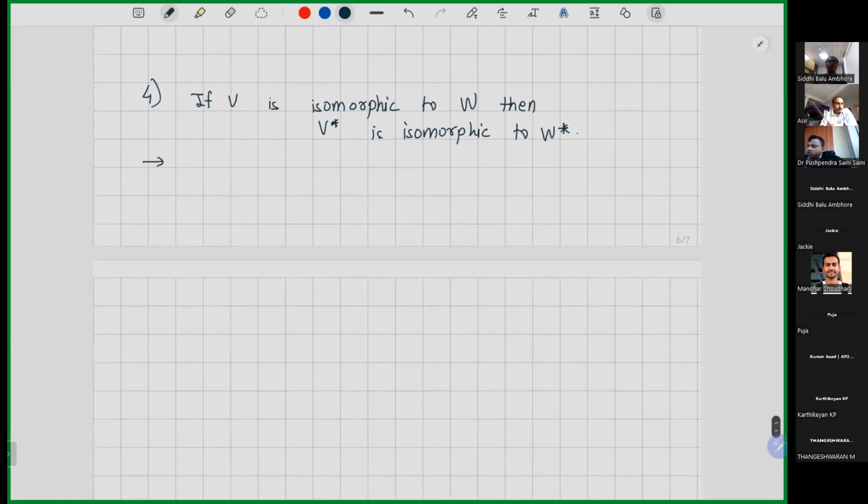Here V and W are not given any information about whether they are finite dimensional or infinite dimensional. If they were finite dimensional, then this would have been easy.